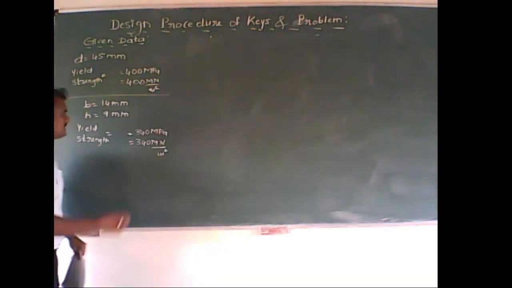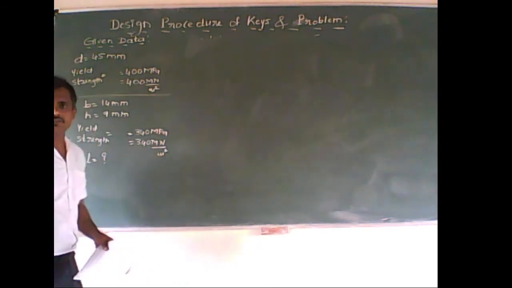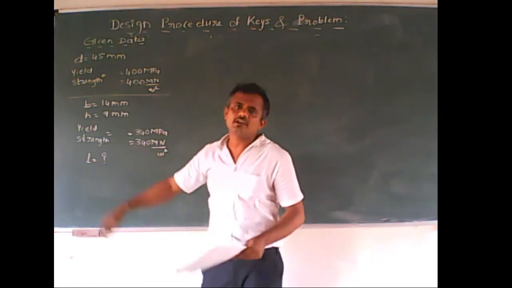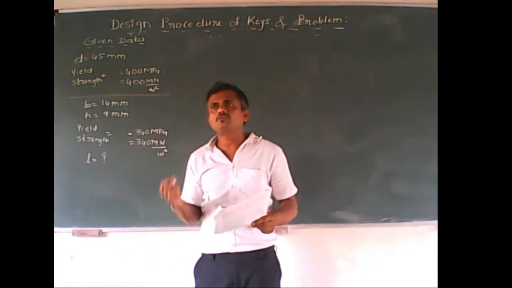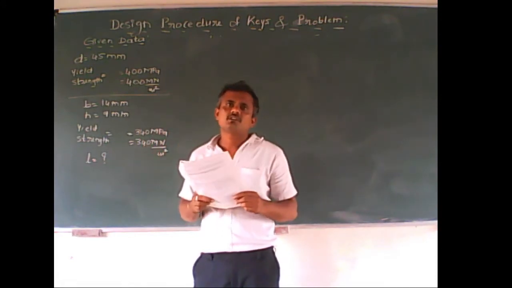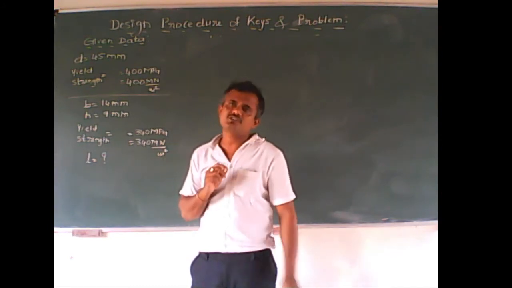Find the required length. He is asking you to determine the L value because b and h are already given. Same procedure: you can calculate the L value by considering the shearing strength, and calculate the L value by considering the crushing or compressive strength. And he says use maximum shear stress theory.